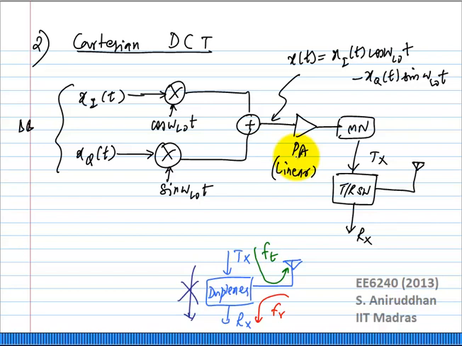So when you actually try to turn on and turn off a very high power amplifier, this causes a lot of interference with many other circuitry on the same chip, or on the same system, because the power amplifier outputs a lot of power.